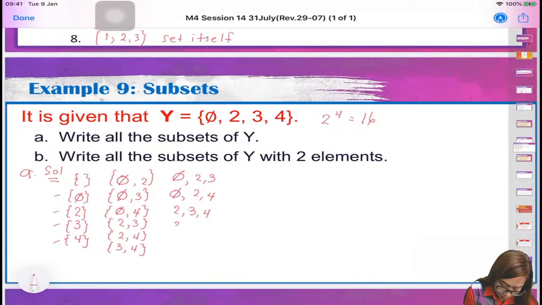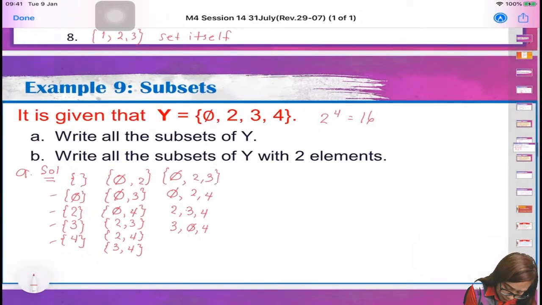Then 3, comma 4, comma null set, 3, null set 4. Do we have more? And then put them inside the braces. And the last one is the subset with 4 elements, or the set itself, and put it inside the braces.